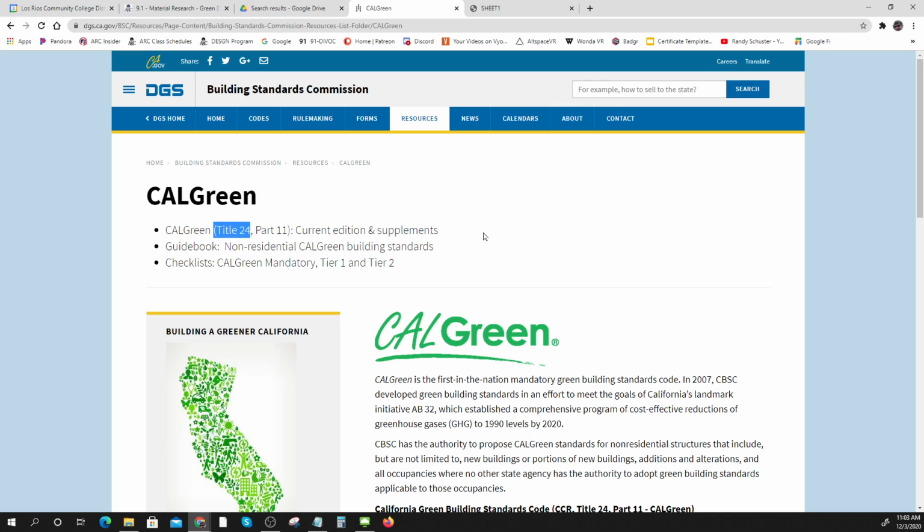Now, I've had in the past students do assignments where they took the timeline from like 1905 through current to see how that came about, because we did not always have a Title 24. We didn't even always have a single building code.